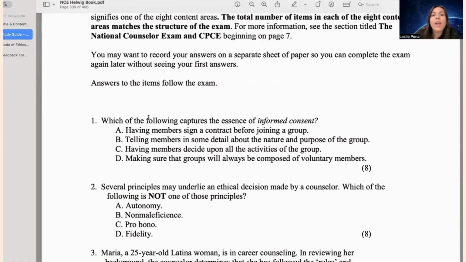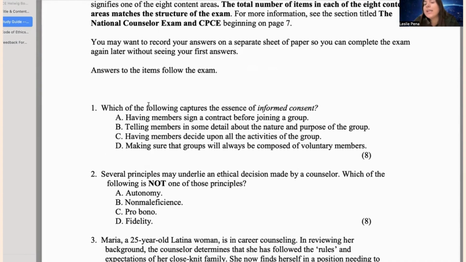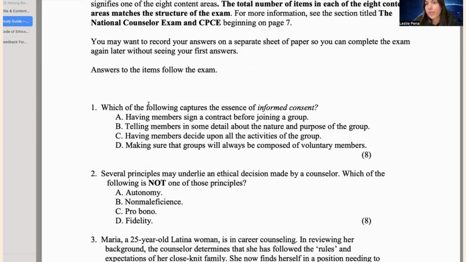I would recommend her. So which of the following captures the essence of informed consent? Now, informed consent is something that you do at the beginning of a session before the client starts. This could be for group therapy. This could be for individual therapy. This could be for a clinical trial you're trying to do, a study you're trying to do, whatever it is. Informed consent is essential.